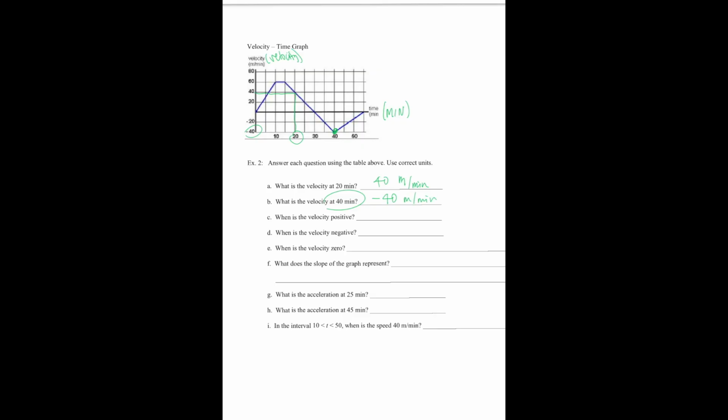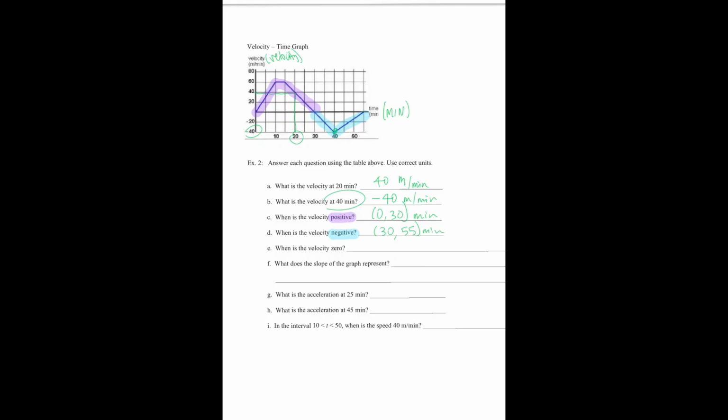Okay. If it's asking when is the velocity positive, that's above the x-axis. That would be all of that area. So that happens between 0 and 30 minutes. Okay, and then if it wants to know when the velocity is negative, that's under the x-axis, which happens from 30 to 55 minutes.